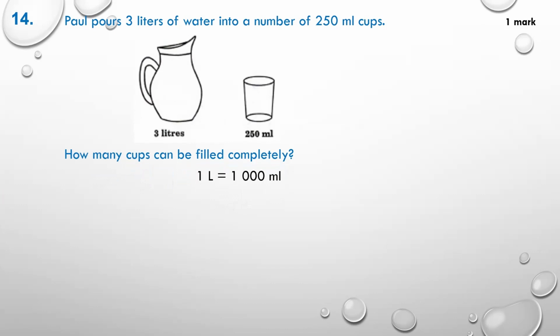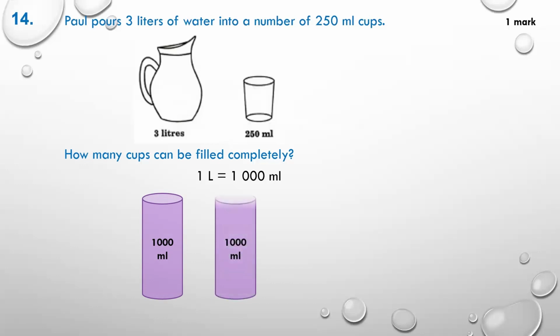So if we try to represent that, let's use it as a straight cylinder. 1 liter is that first cylinder, 1,000 milliliters. And we have 2 liters, so that's another 1,000. And if you look at the jug, it's 3 liters, so that's another 1,000 milliliters. Let's see how many cups we can get out of this. Each cup holds 250 ml.